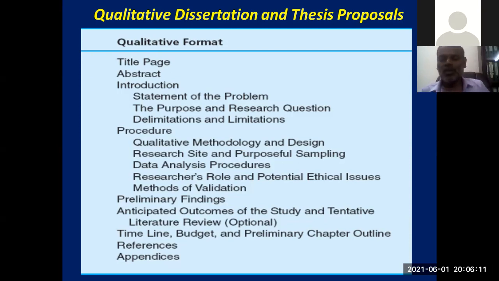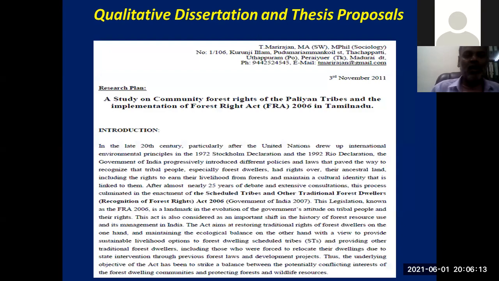So I am giving an example of a qualitative dissertation thesis proposal. This is my proposal, the one I submitted for my PhD in 2011. It will carry my details, then the title, then the introduction, all the components which we discussed in the previous slide.